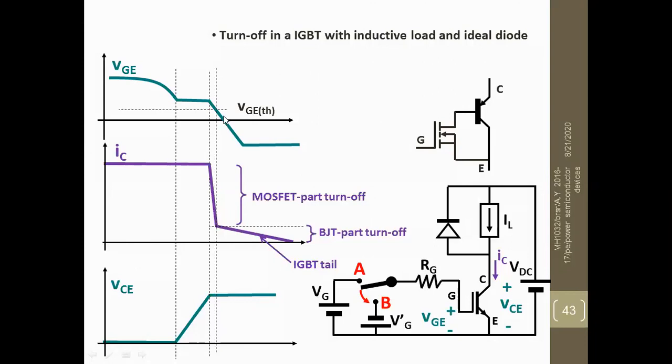After that it comes towards the negative side. Up to here it is positive, under this A contact, the switch is in the A position up to here.